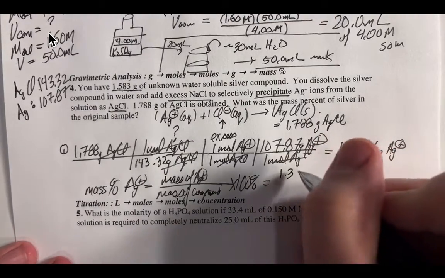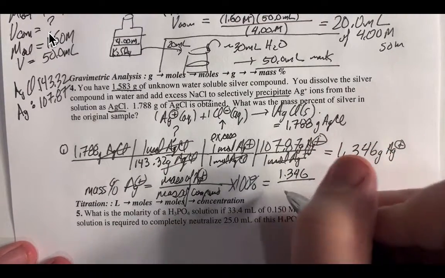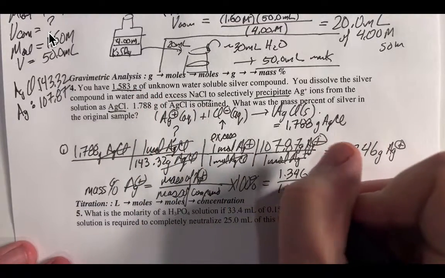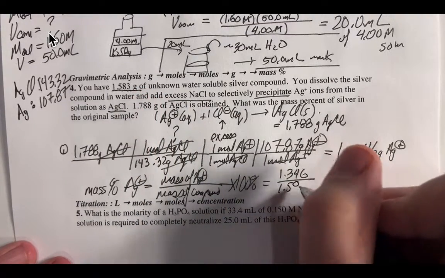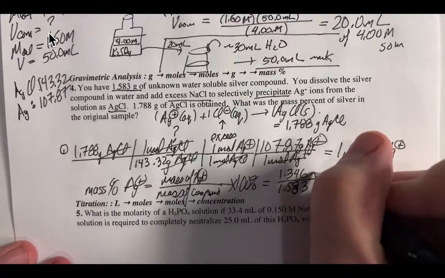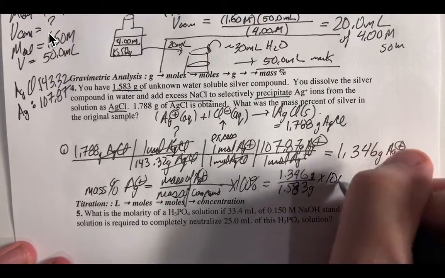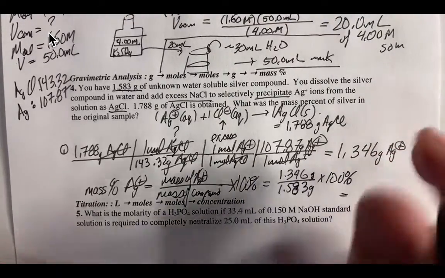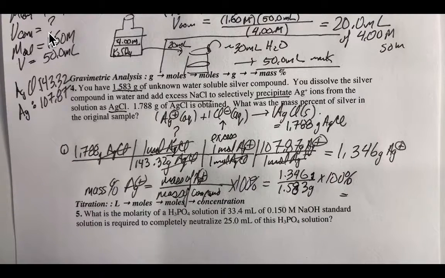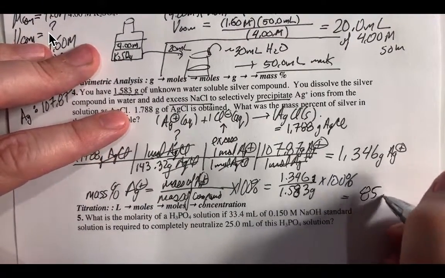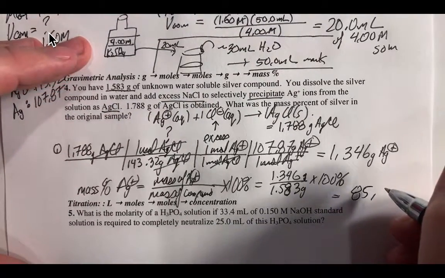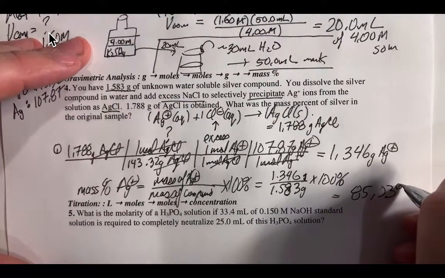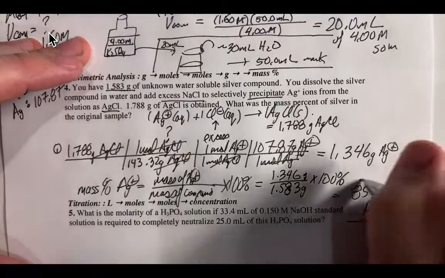So 1.346 divided by, now I finally use this number, 1.583, both of these are in grams, times 100%. 1.346 divided by 1.583 times 100. Okay, it's 85 point, let's do 4 sig figs, 85.03% silver in that compound.